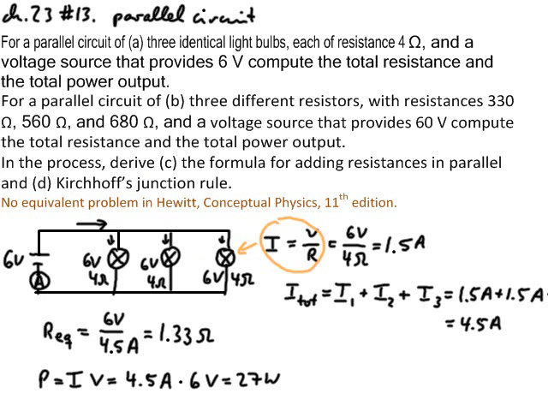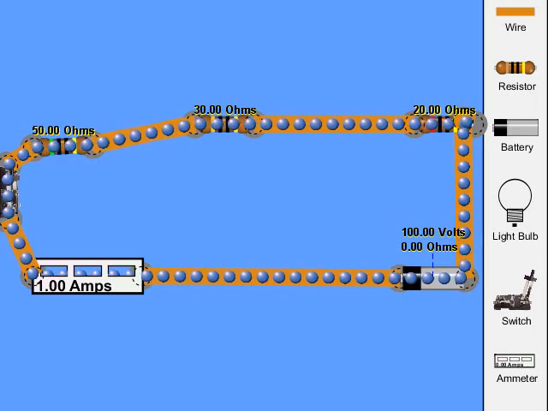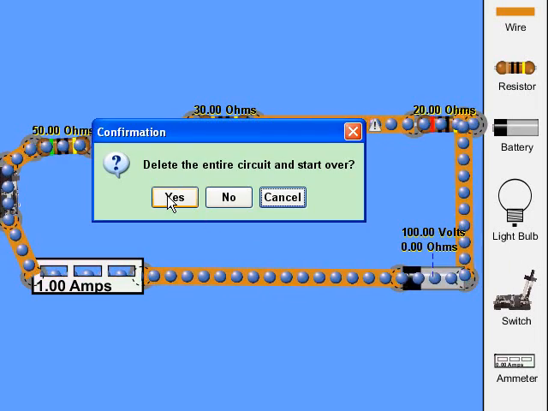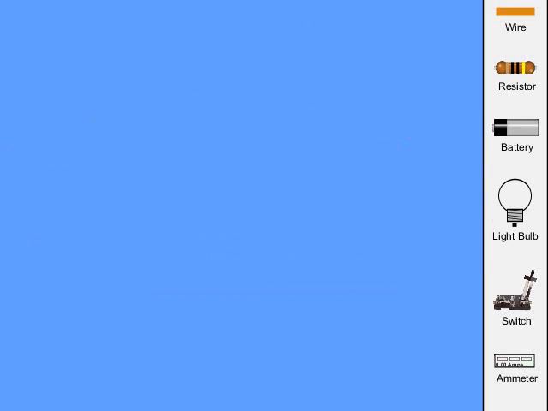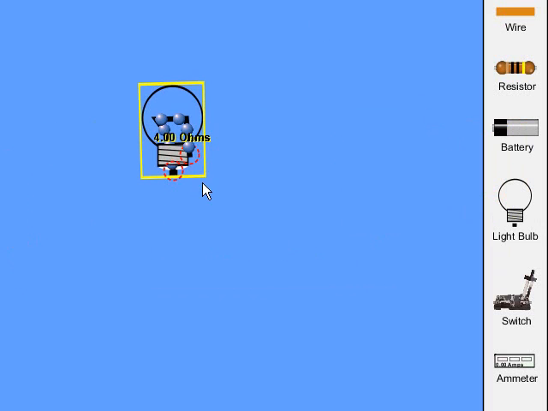But we have answered quite a bit here in this particular part of the problem, and I'll do the resistors later, but let's go to a simulation. And that one is from the last one. I think I'm just going to start this over. There we go. Okay, there's a light bulb, and again it's 4 ohms.